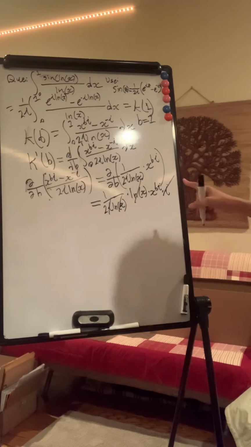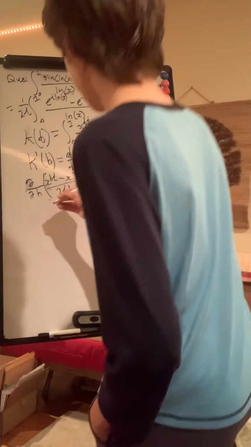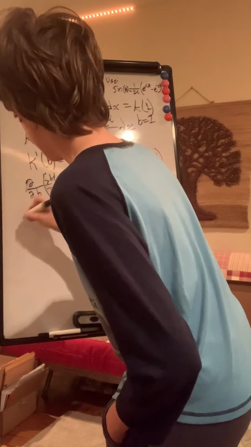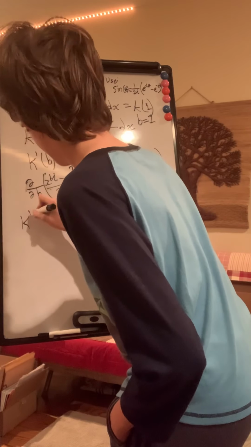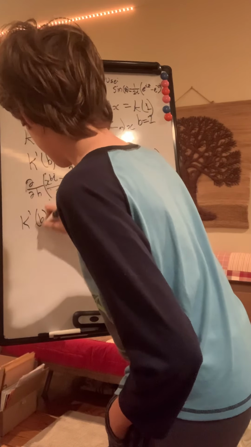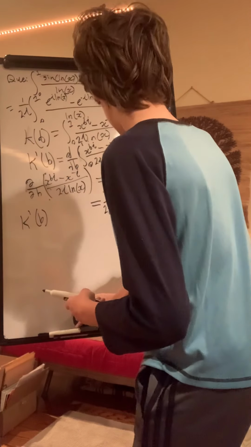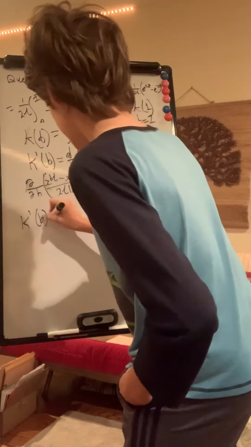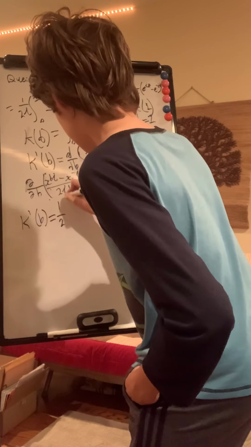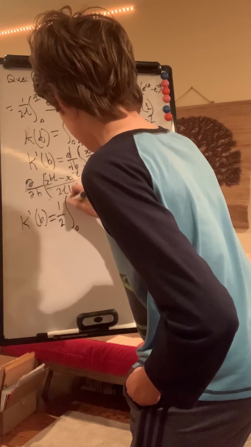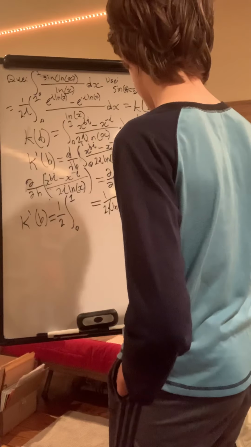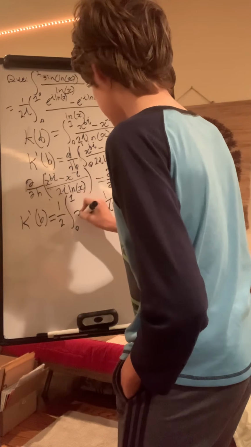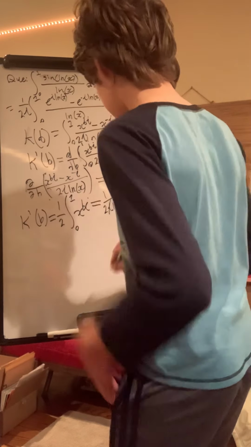So what we get in general is this integral. So we have k prime of b with respect to b, and we'll directly pull out the 1/2. It equals 1/2 integral from 0 to 1, and all we have here is x to the bi.